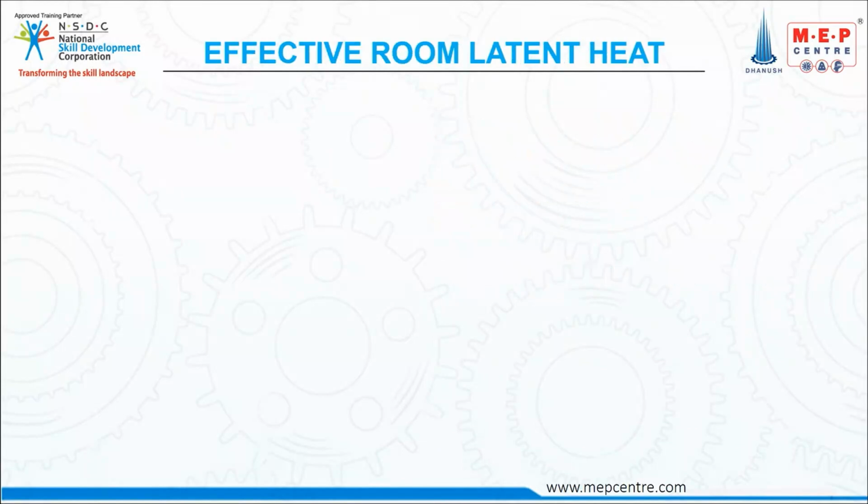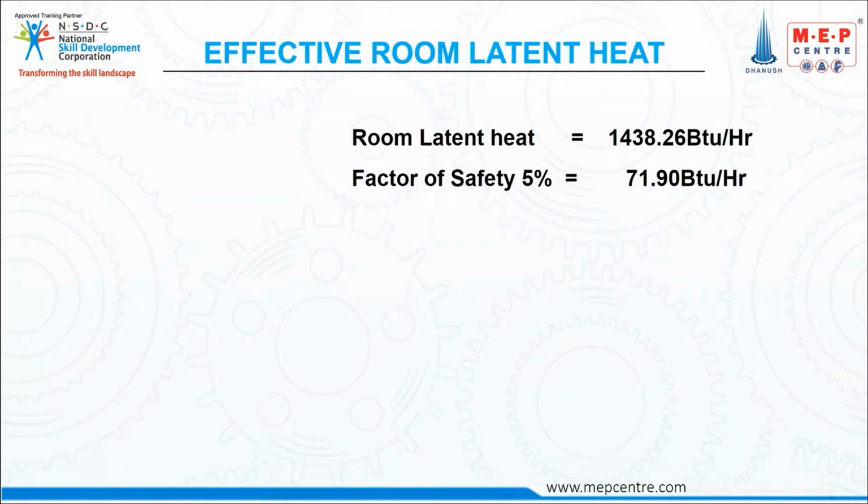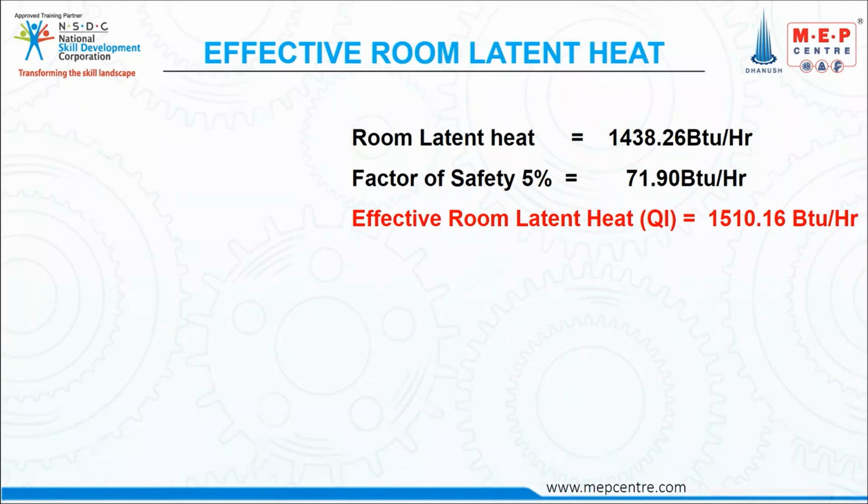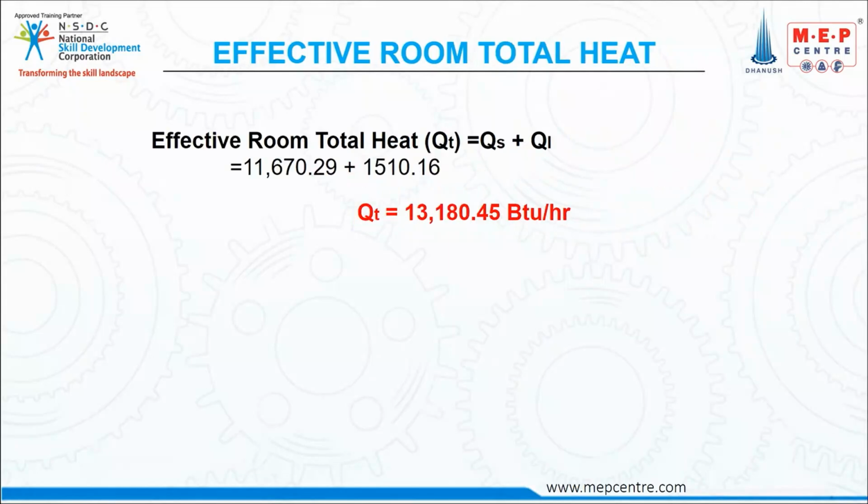For this, we are adding a factor of safety of 5%, which gives the effective room latent heat QL, which is 1510.16 BTU per hour.